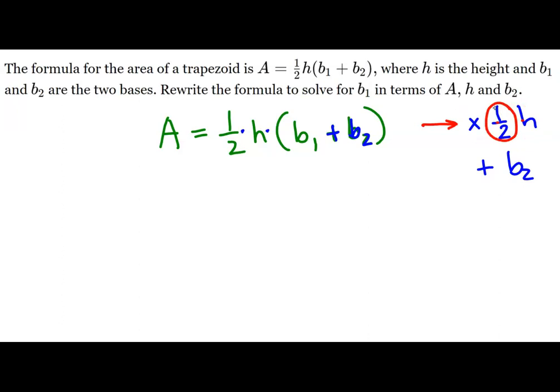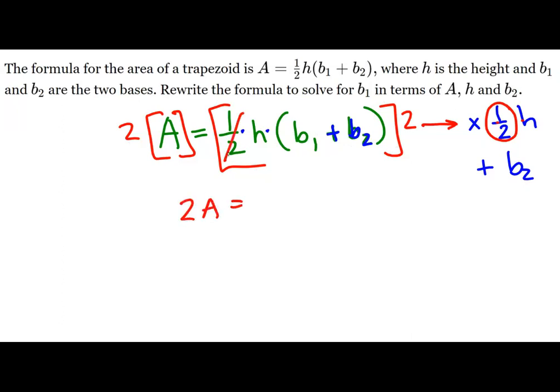So I'm going to clear my fraction of 1/2 by multiplying both sides by 2. I'm using brackets instead of parentheses because the problem already had parentheses and the right side is quite large. So 2a will be equal to, these are inverses, h times the quantity b1 plus b2. Now I can get rid of timesing by h.